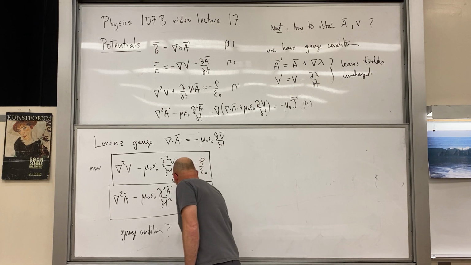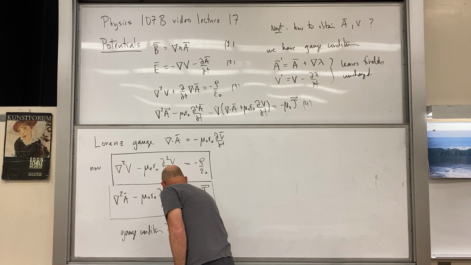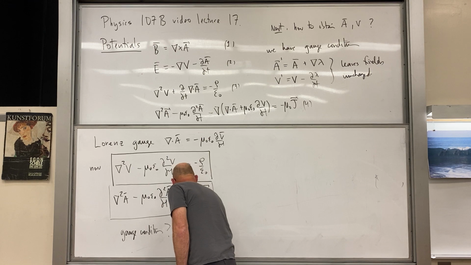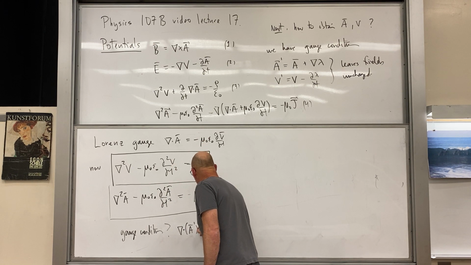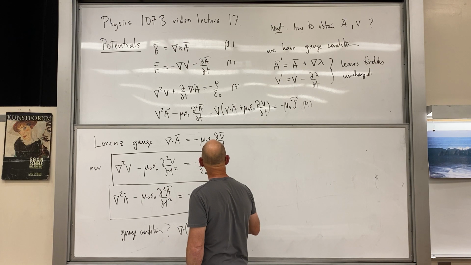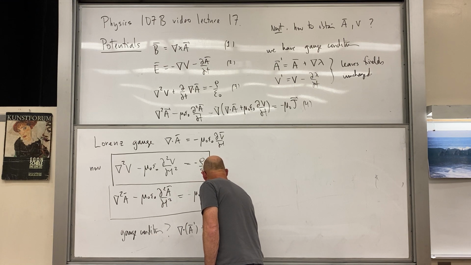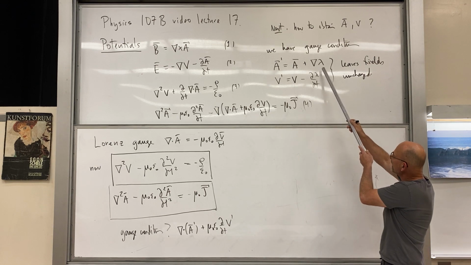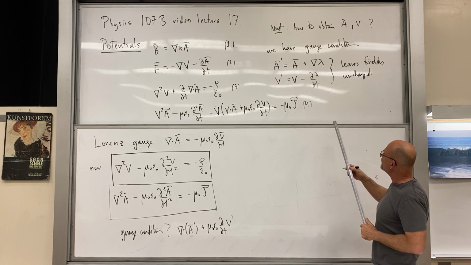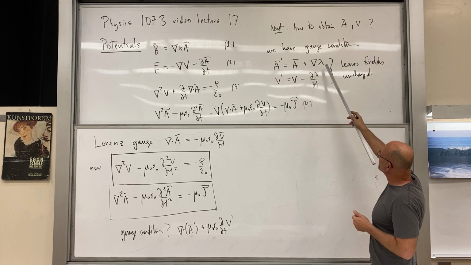What we do is go ahead and put in the divergence of A prime plus mu naught epsilon naught d/dt of V prime, using these two again. And you can basically see what's happening again.